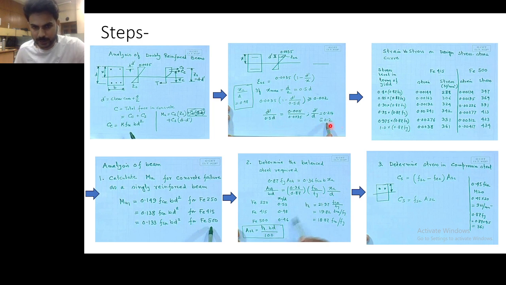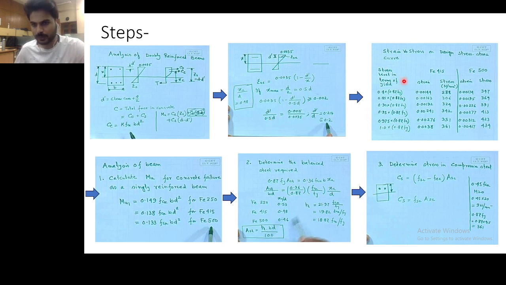So it should always be less than this, because the minimum strain in the steel should be greater than or equal to 0.002. That we have already seen, and xu by d is 0.4. By solving that, we get 0.2.